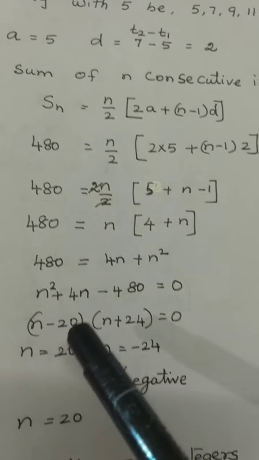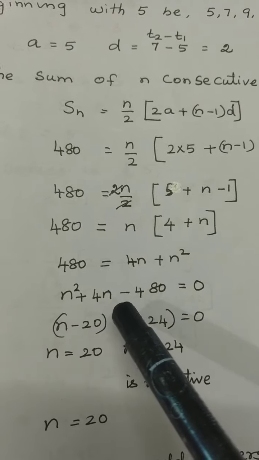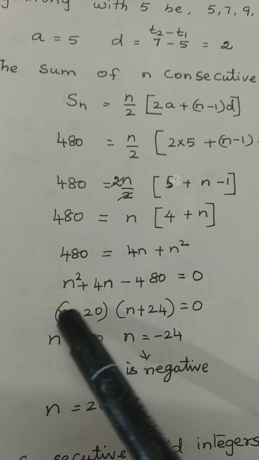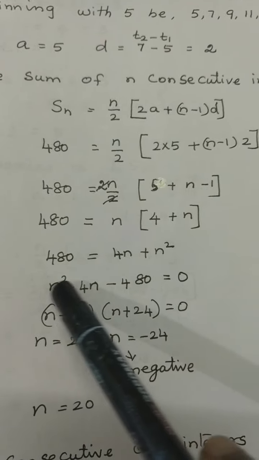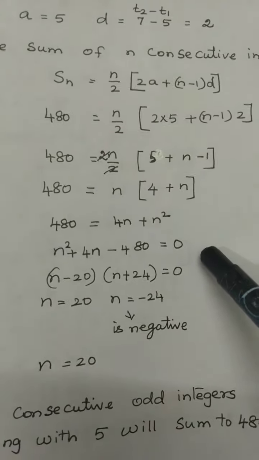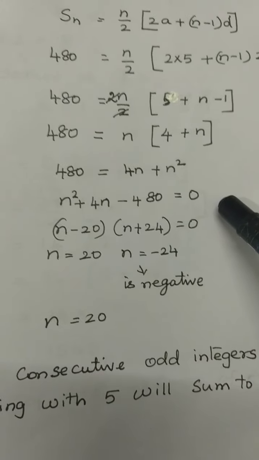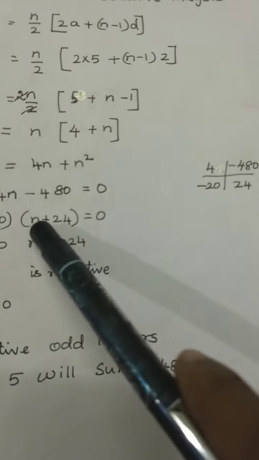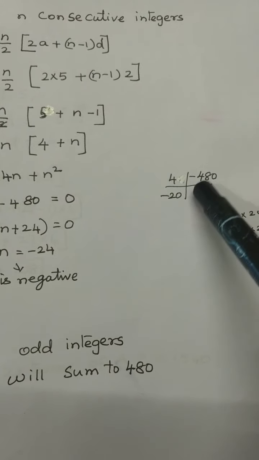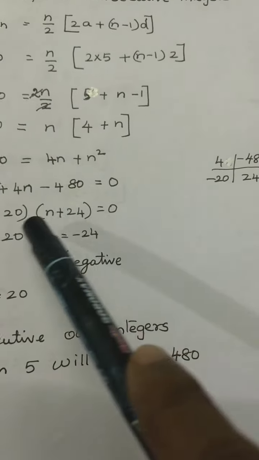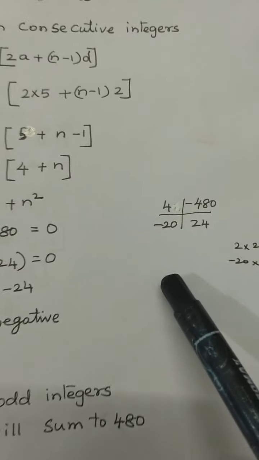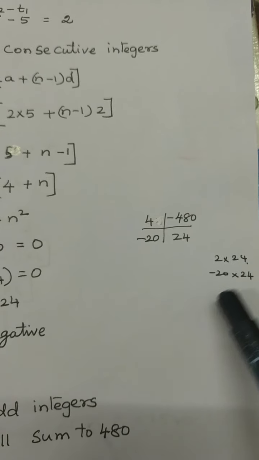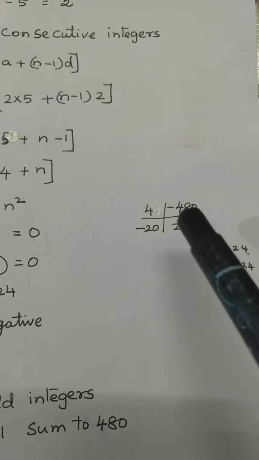In the equation, we have formed n square plus 4n minus 480 is equal to 0. This is in the form of a quadratic equation, so we have to use the product-sum method. The last one is minus 480, so if you multiply we have to get 480, and if you add, you have to get 4. 24 twos are 48, so 20 into 24 is 480.